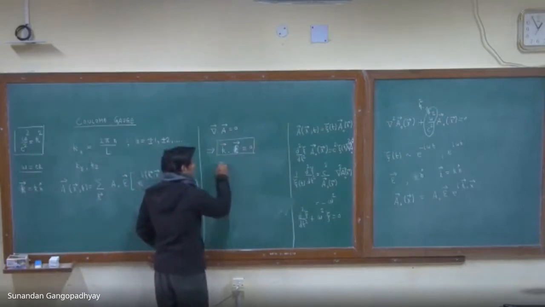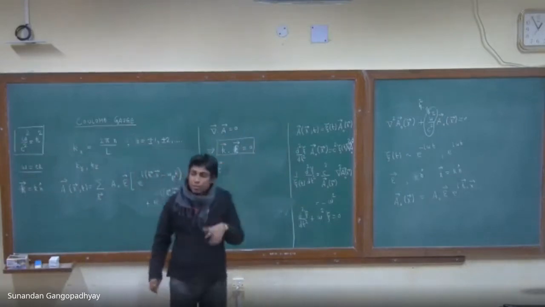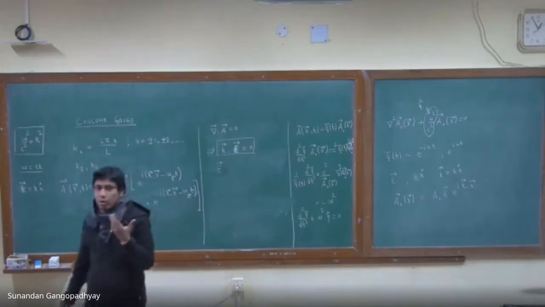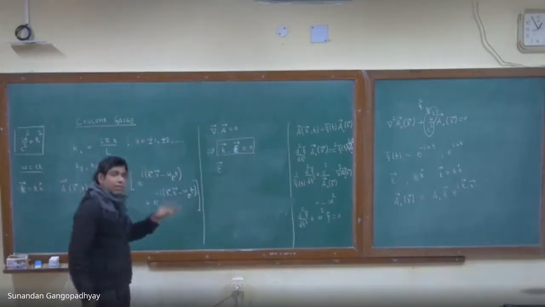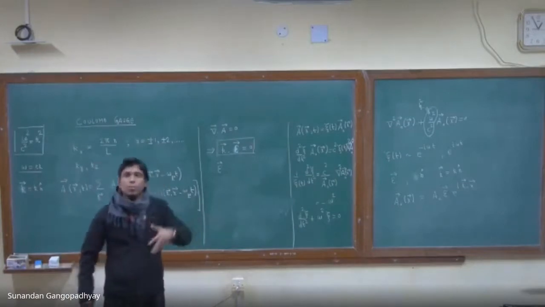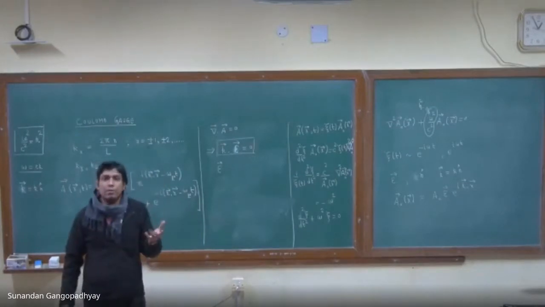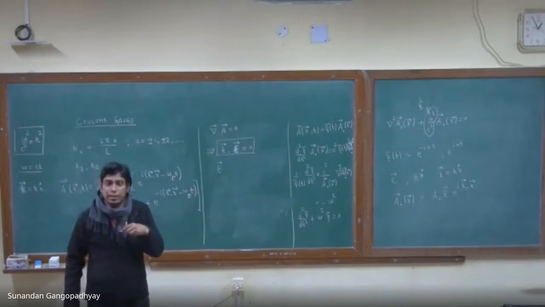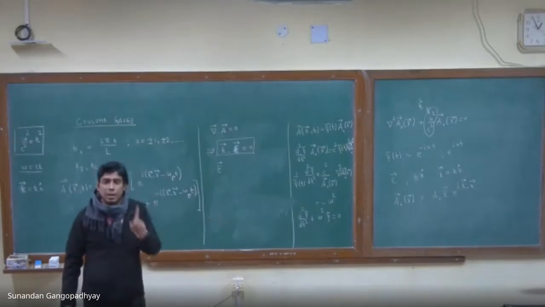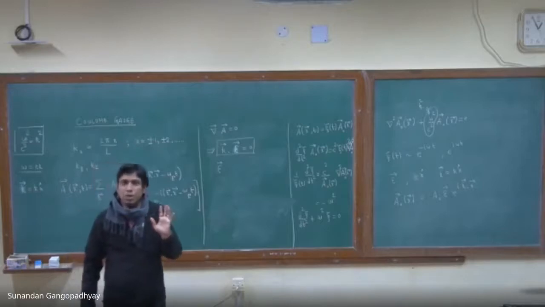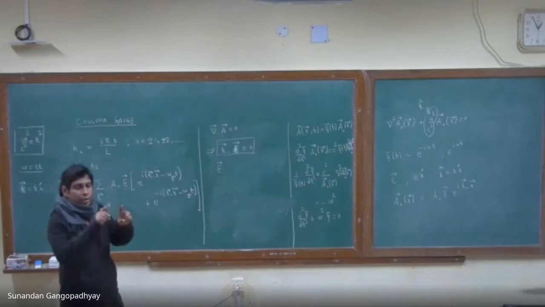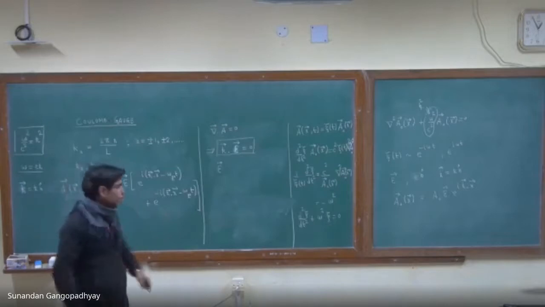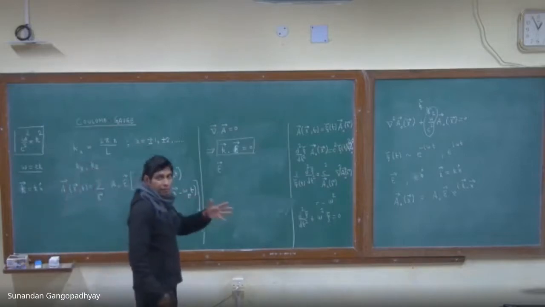This tells us that the polarization vector, epsilon vector, is actually proportional to the A vector, and the electric field vector is also proportional to the A vector because the electric field vector is minus 1 by c del A del t. So the E vector, A vector, and the polarization vector, all of them are proportional to each other. By proportional, I mean that you have two vectors in the same direction.